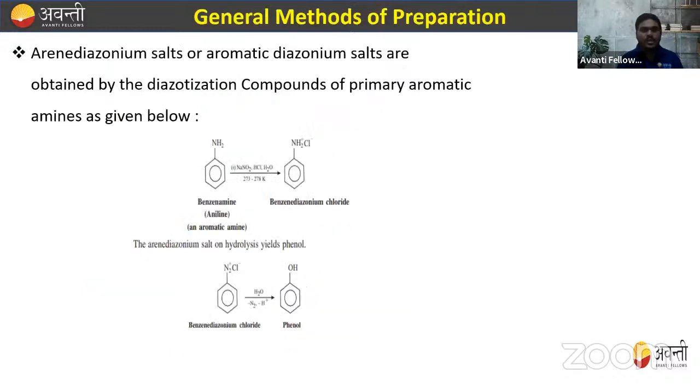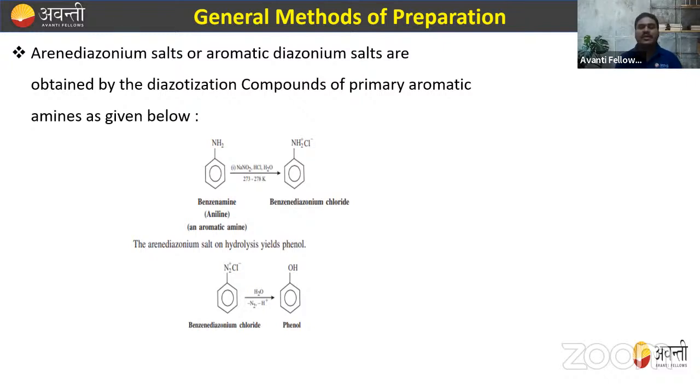Okay. So arene diazonium salts, or aromatic diazonium salts, are obtained by the diazotization of primary aromatic amines, as given below, right? Because for the preparation of phenol, we are now using BDC, that is benzene diazonium chloride. And how is this BDC formed? BDC is formed when we treat aniline, that is NH2 benzene, with NaNO2 and HCl at a very low temperature, that is 273 to 278 Kelvin.